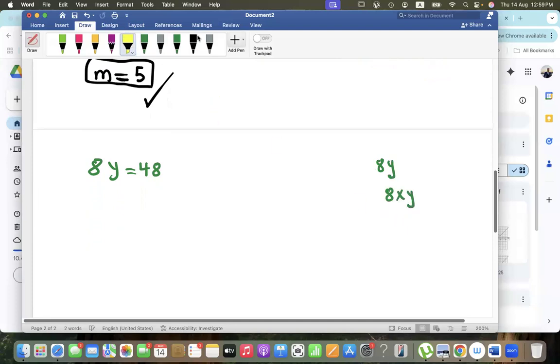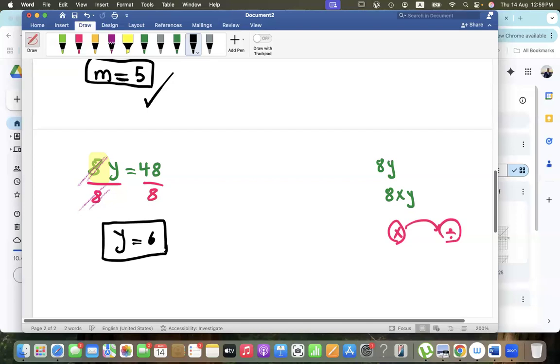So since we have multiply, I will change multiply to be what? To be divide. So to get rid of the 8 multiplied by y, I will divide by 8 for both sides. So I will divide here, I will divide there. So the 8 is going to cancel 8. So y is equal to 48 divided by 8, which is how many? It is 6.